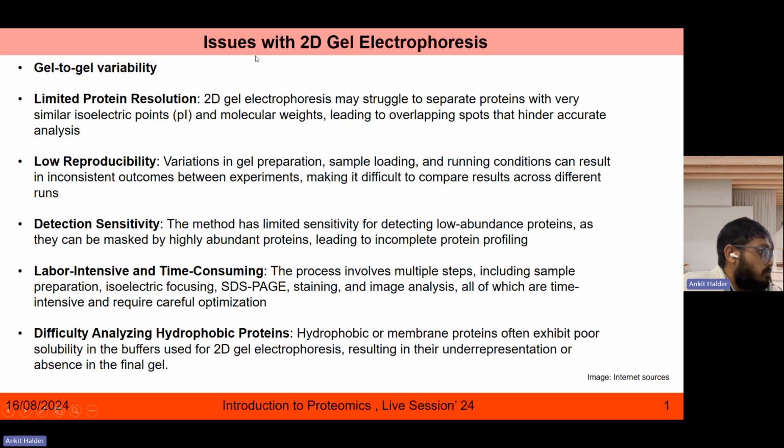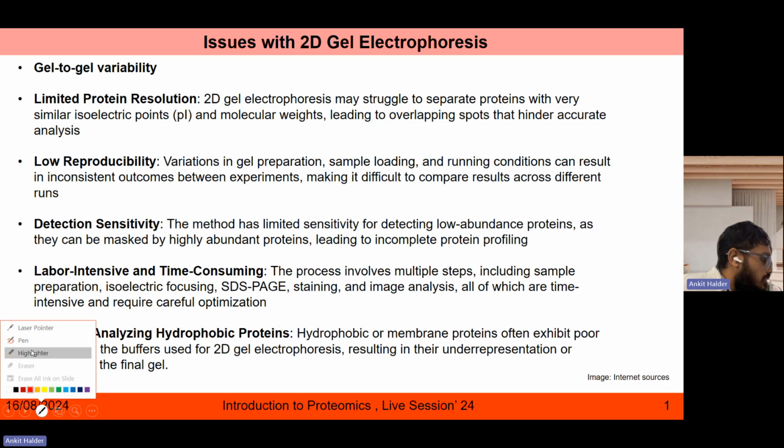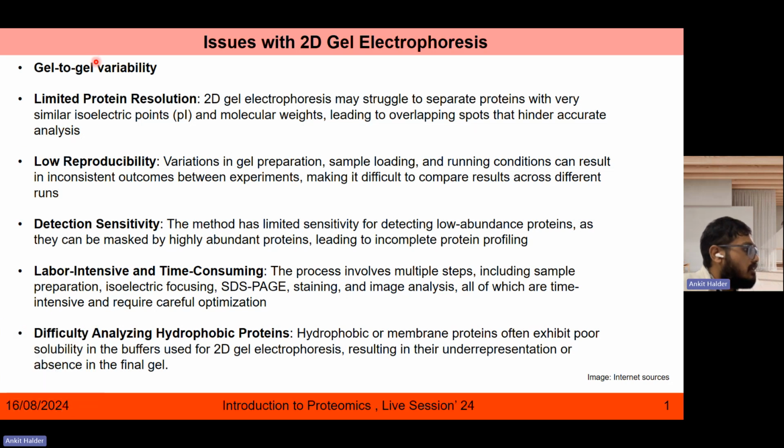What were the major issues? The first major issue is gel to gel variability. If you have any question, just unmute and interrupt me. You have to prepare different gels, and the preparation might be inconsistent across samples.